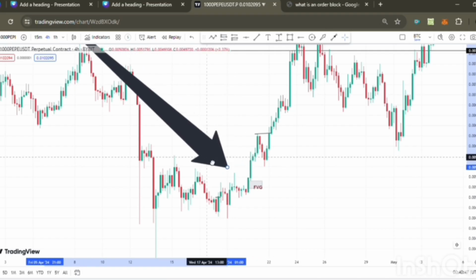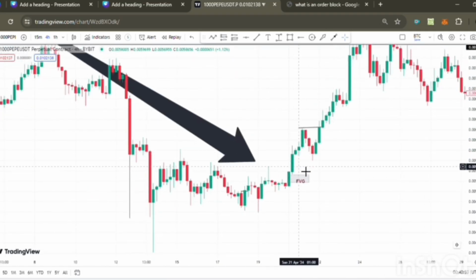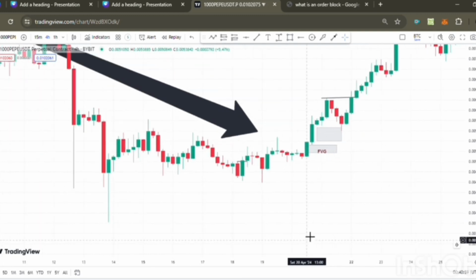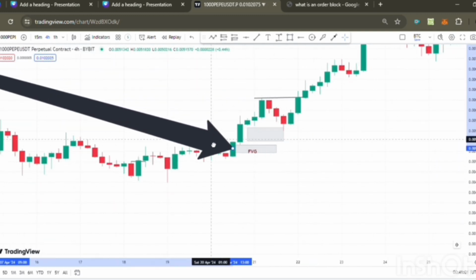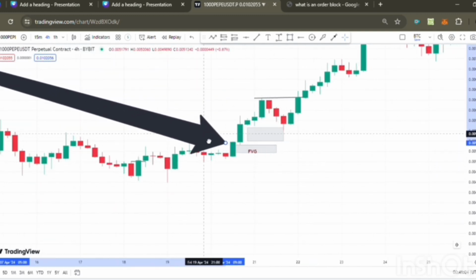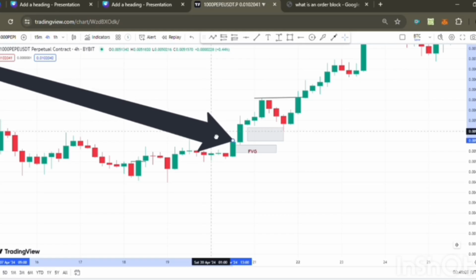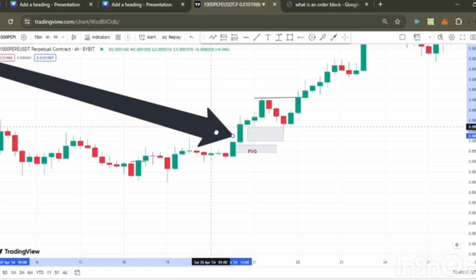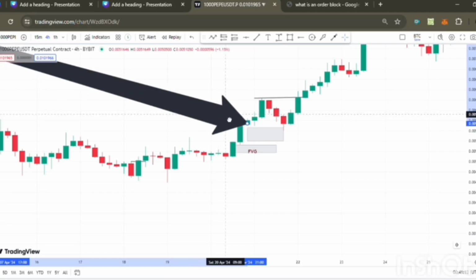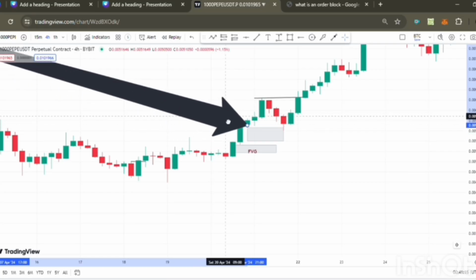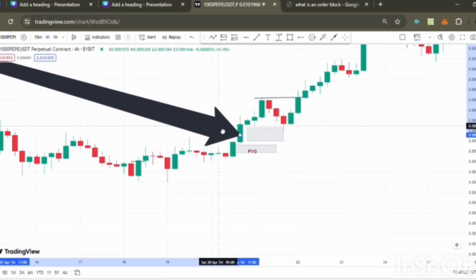You can see there's another gap here, because the higher wick of this bullish candle and the lower wick of the third candle after the middle one do not completely cover this middle bullish candle.